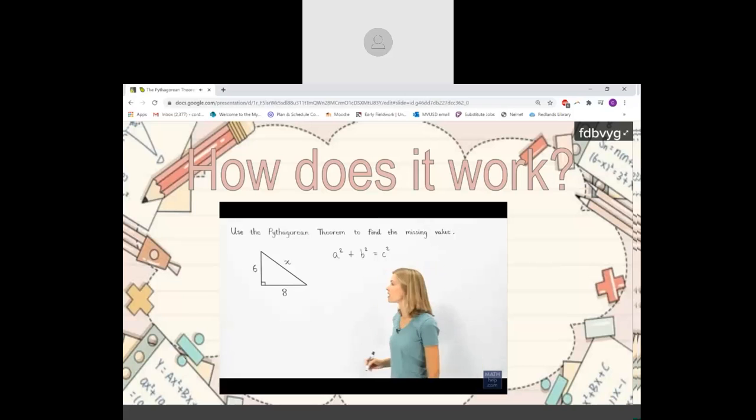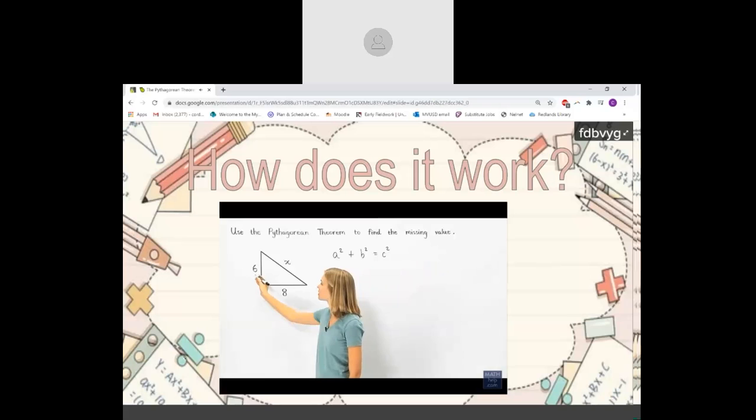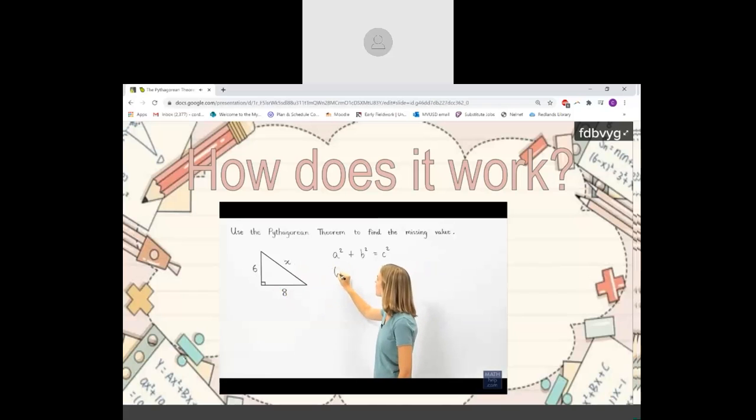So here, since the legs of the right triangle have lengths 6 and 8, and the hypotenuse has a length of x, we can set up the equation 6 squared plus 8 squared equals x squared.